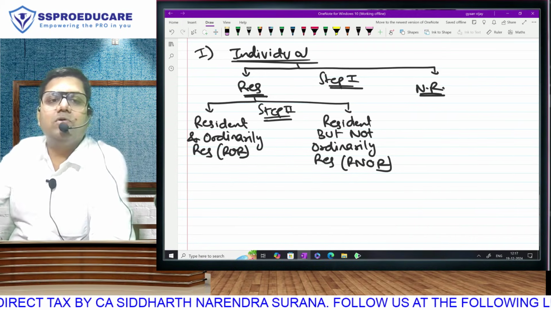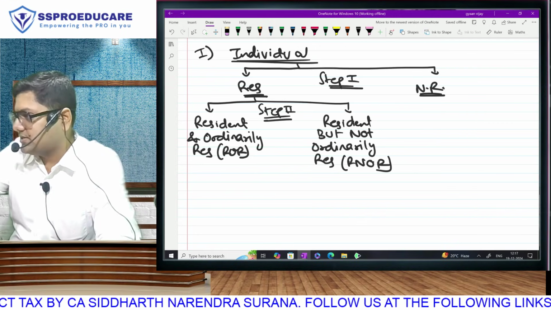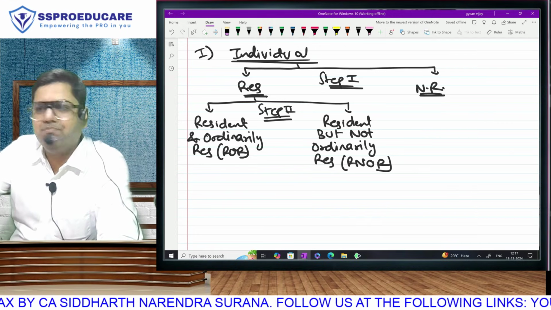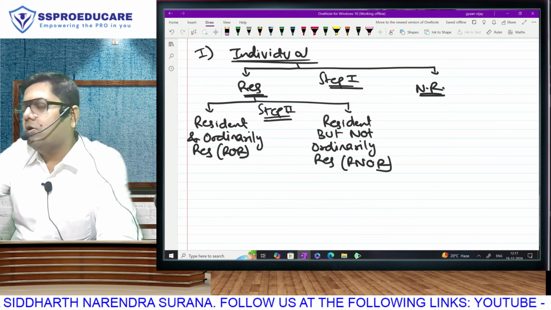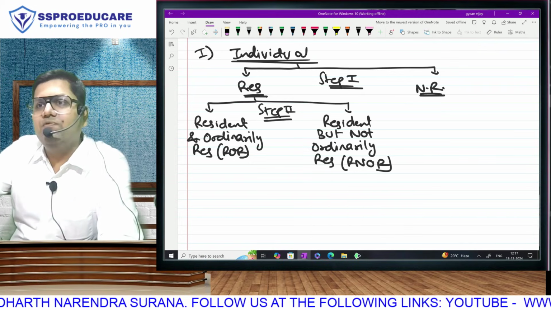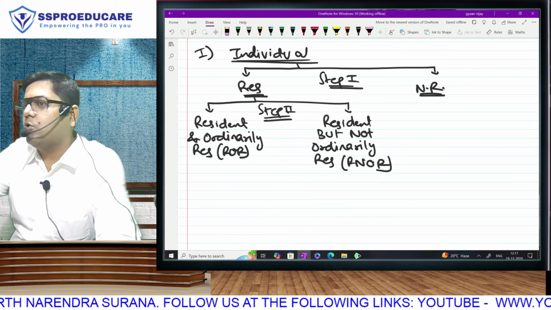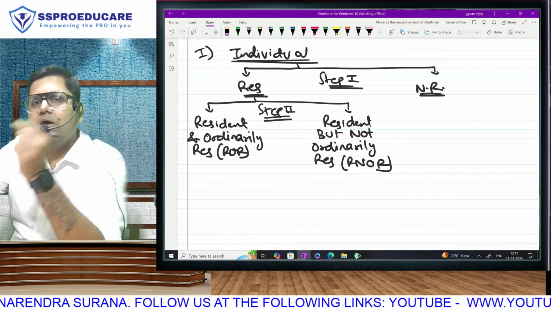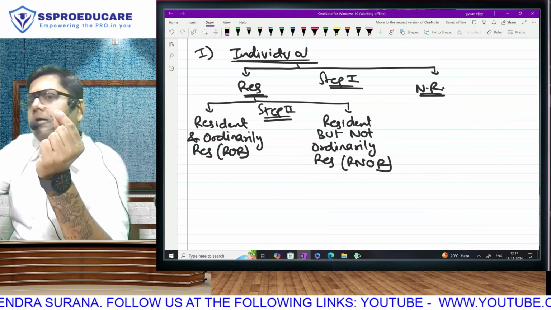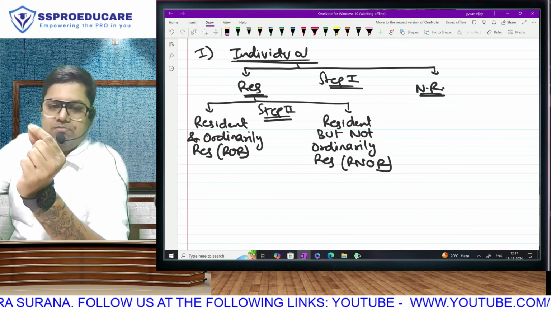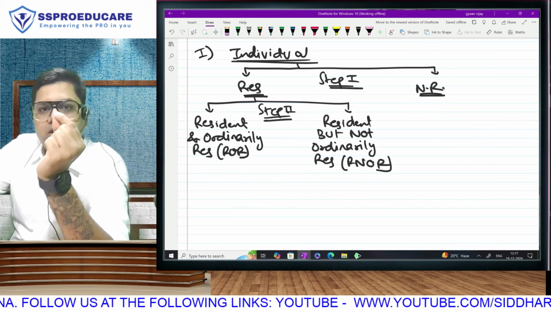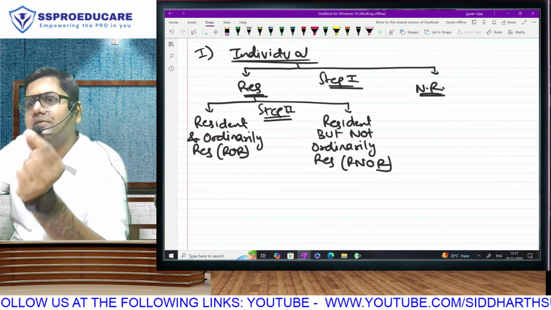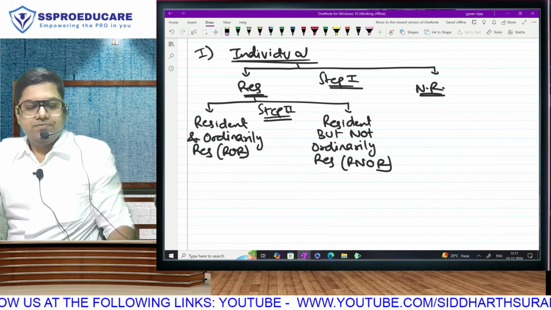So for now, we have to learn 2 steps in residential status of individual. Step number 1 is going to teach us, sir, what? Resident or non-resident. And step number 2 will teach us whether it is ROR or RNOR. If you have a little common sense, then understand that step number 2 will be performed only if the answer of step number 1 is resident.